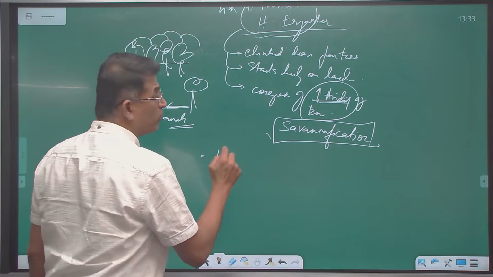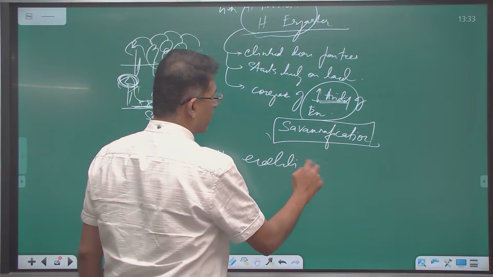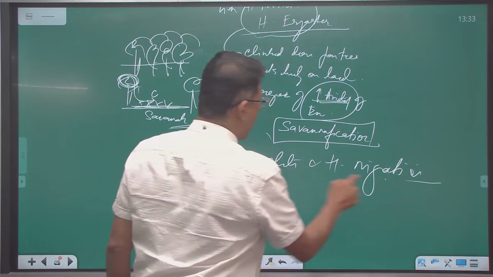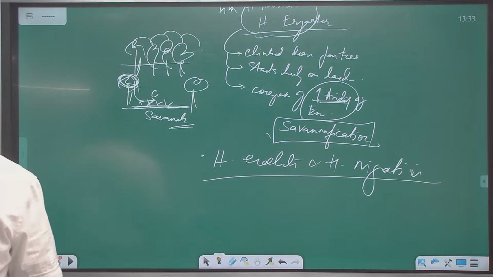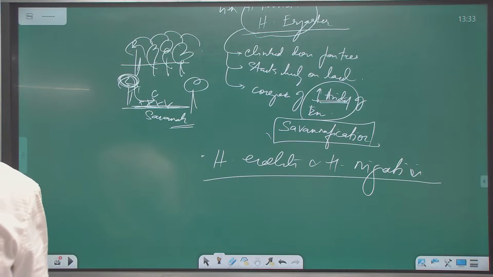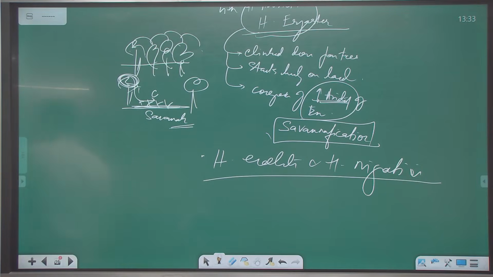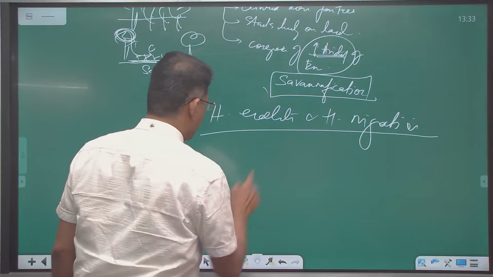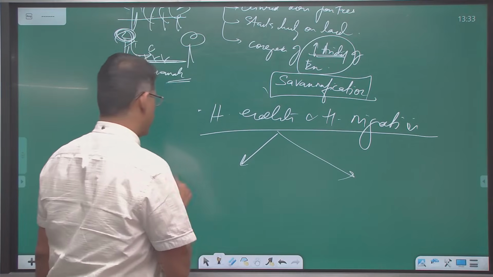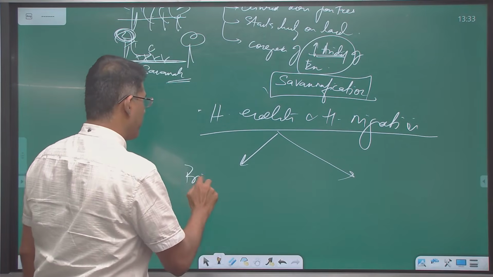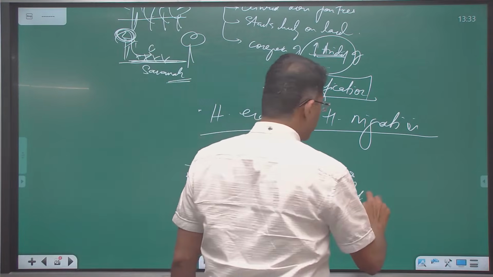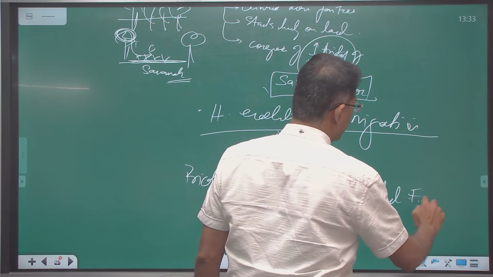अच्छा, next point here. Human evolution and human migration is associated with biological changes and also with cultural evolution.